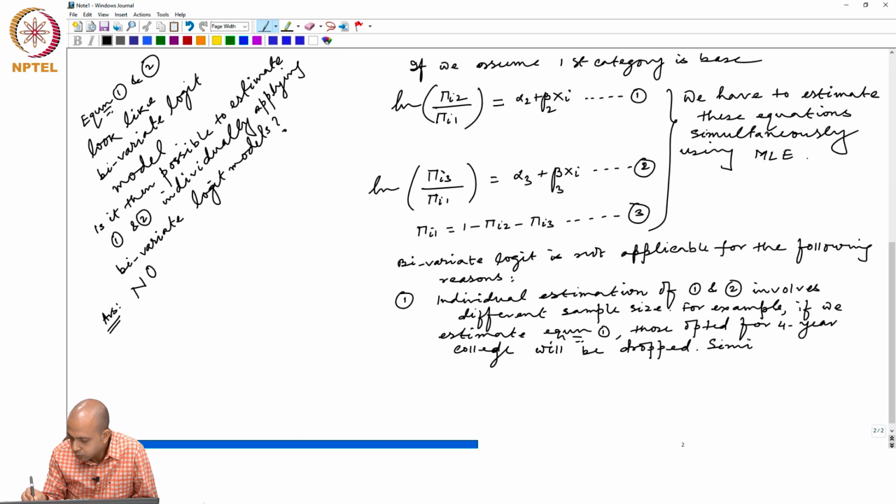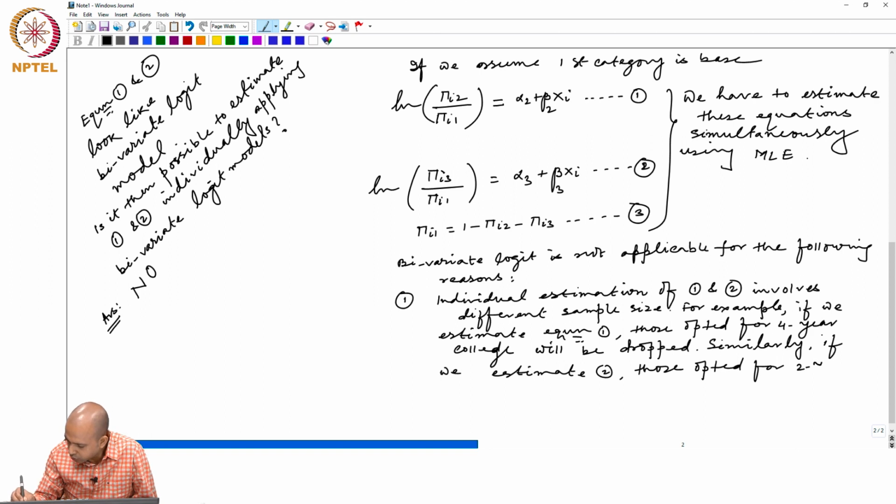Similarly, if we estimate 2, then those opted for 2-year college will be dropped.